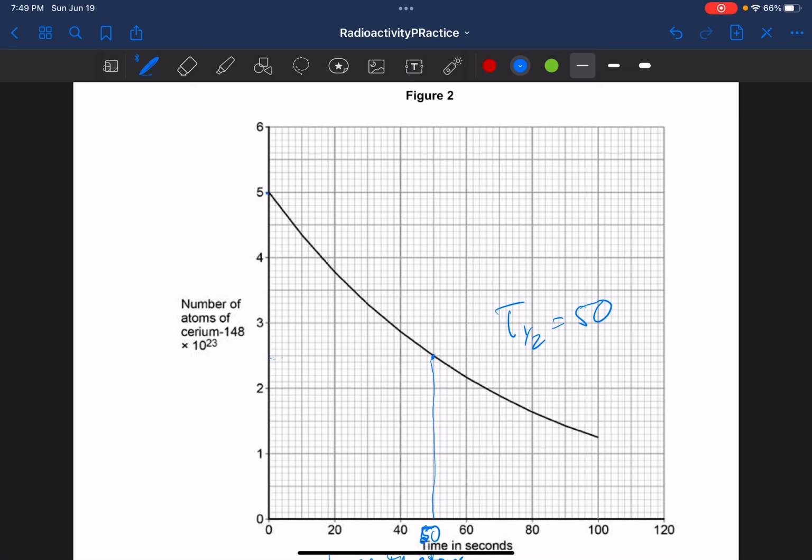So what you would have to do is draw a tangent. I'm going to really struggle with this because I'm on my iPad here, but I'll do my best. A tangent is a straight line that only touches the curve at one point, at the time that we're looking for, which is 20 seconds.